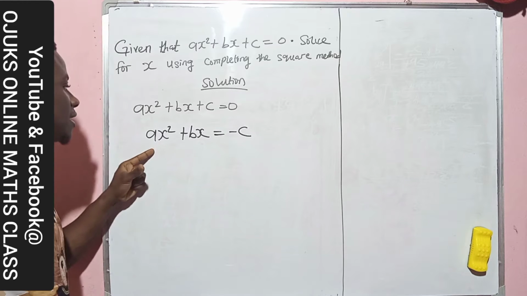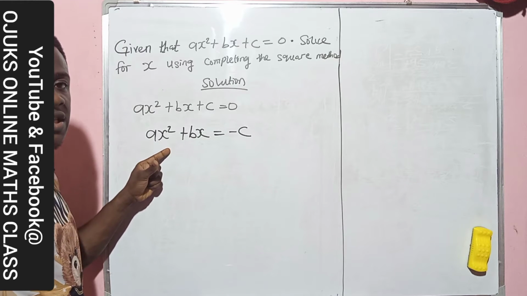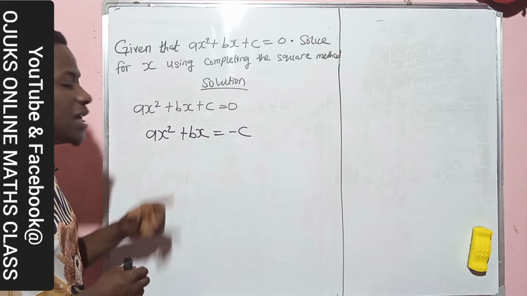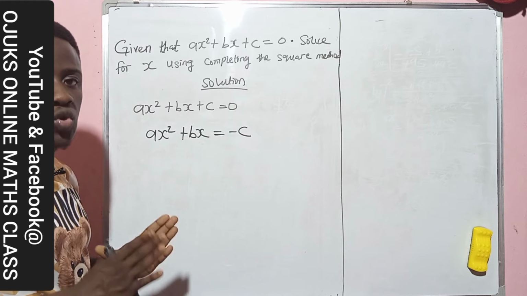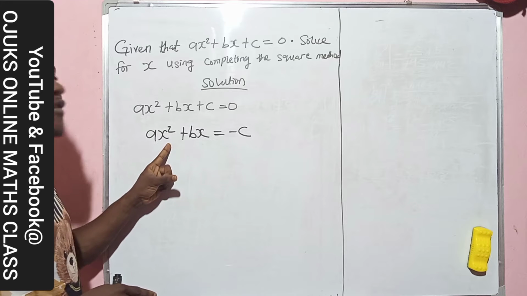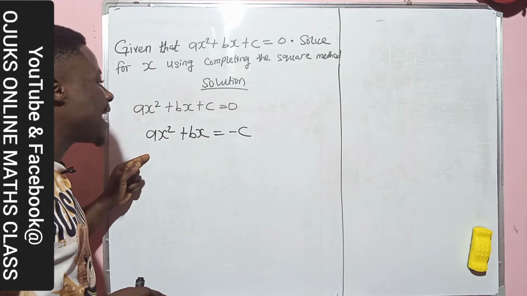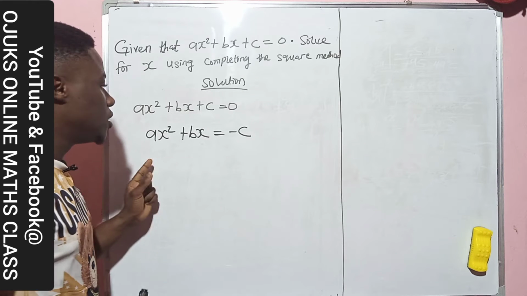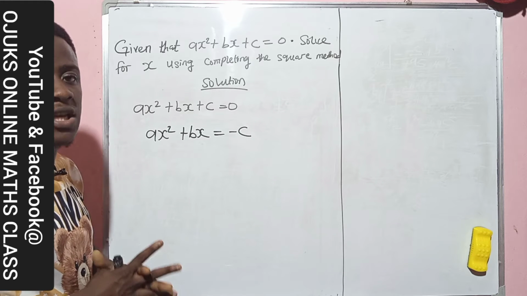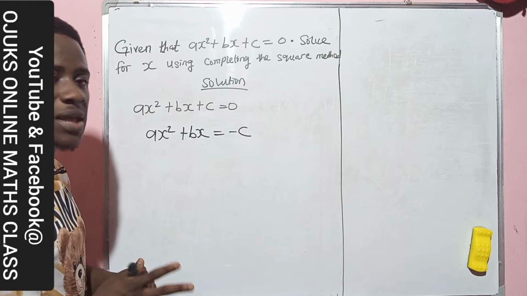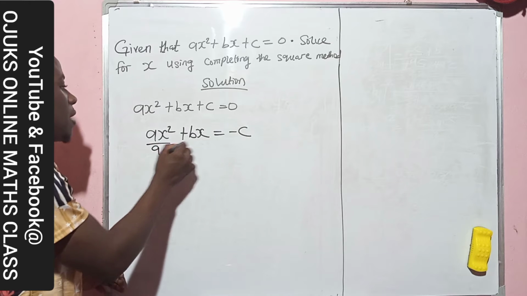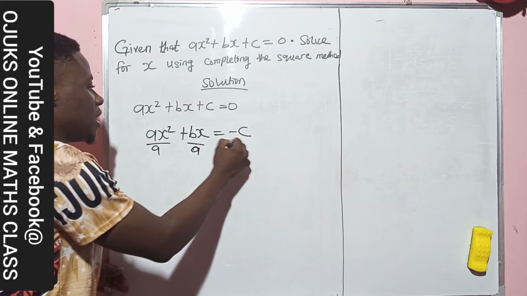Let's continue. The second step is this. Make the coefficient of x squared a unit. When we talk of making something a unit, it simply means making it equal to 1. So how do we make the coefficient of x squared a unit? By dividing through the whole equation, all these terms, by the coefficient of x squared, which is a.